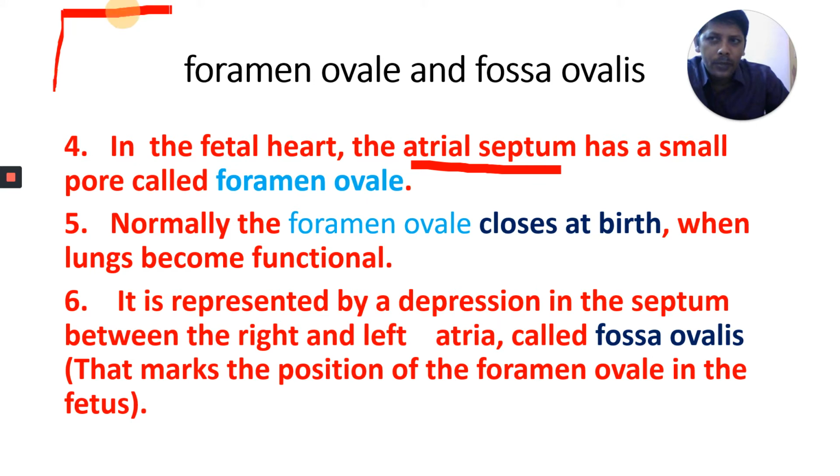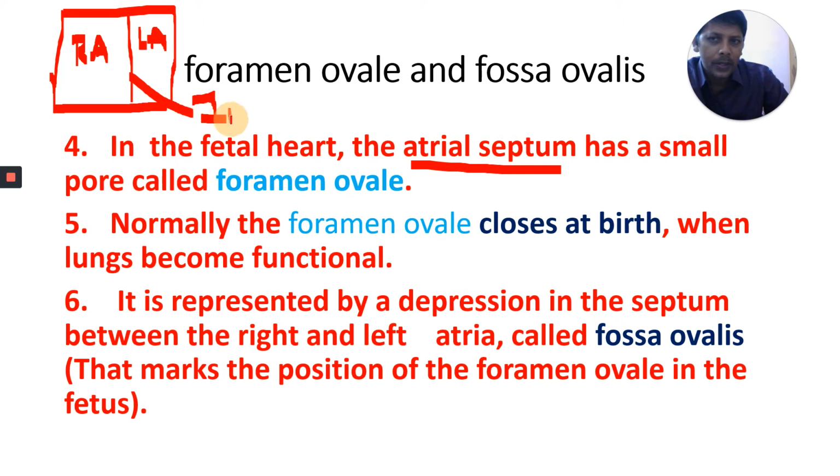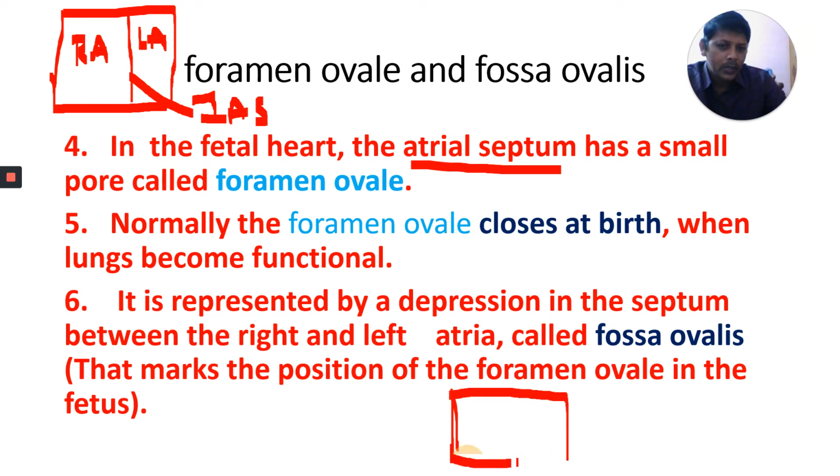For example, this is the right atrium, and this is the left atrium. In between these two there is the IAS, interatrial septum, as in adults. But in the fetal state, assume this is the right atrium and this is the left atrium.